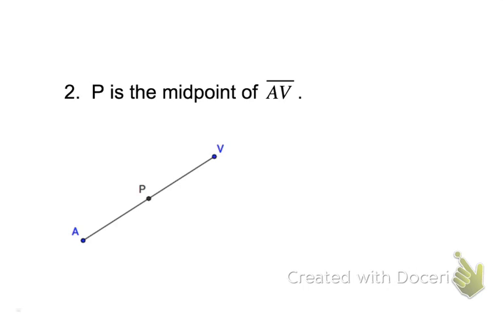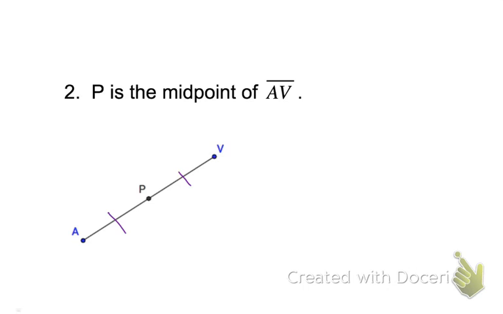Number 2, P is the midpoint of segment AV. So if P is the middle point of that segment, that means P cut that segment in half. Therefore, that means that segment AP is congruent to segment PV. So I'm going to again put one tick mark on segment AP and one tick mark on segment PV.